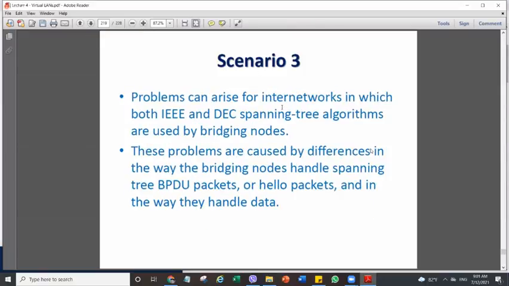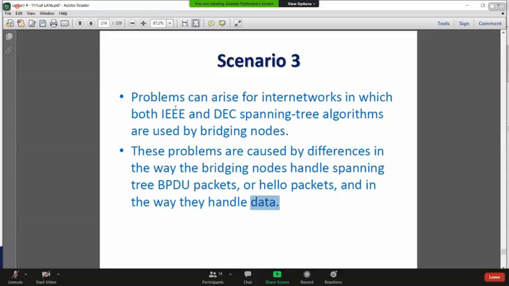Problems can arise in an internet network in which IEEE and DEC spanning tree algorithms are used by the bridge nodes. These problems are caused by differences in the way that bridging nodes handle spanning tree BPDU packets, or hello packets, and the way that they handle the data.